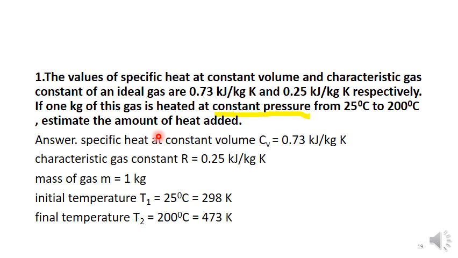Cp minus Cv is equal to R. So you know the Cv value and R value, calculate the Cp value. After calculating the Cp value, the amount of heat added in the constant pressure process is Q is equal to mCp(T2 minus T1).